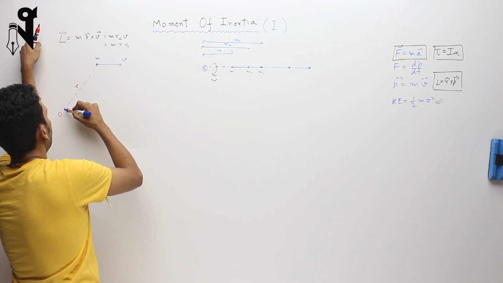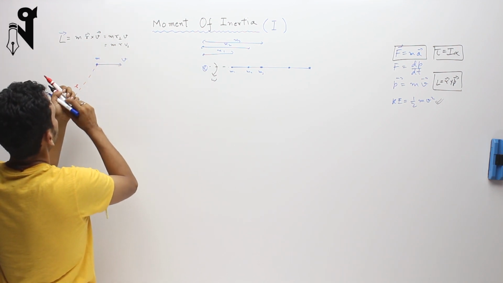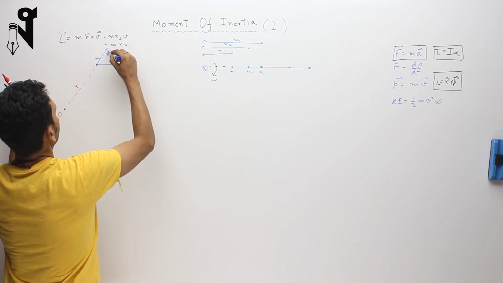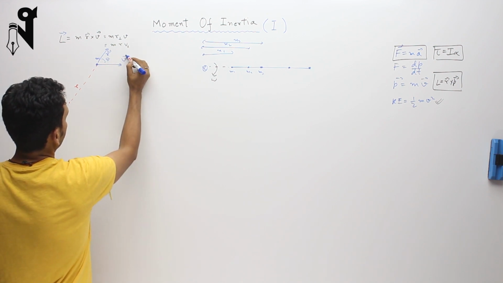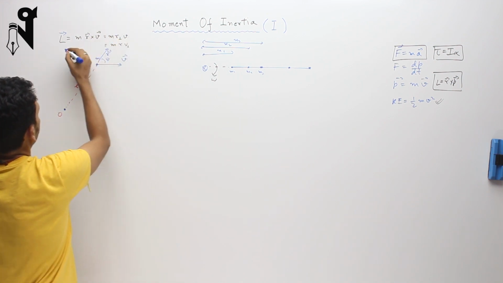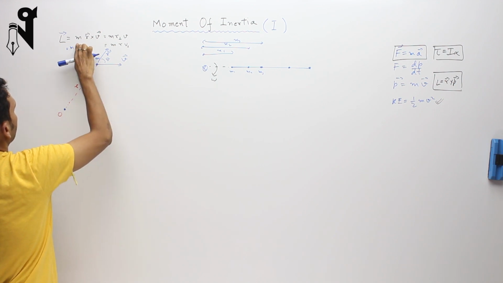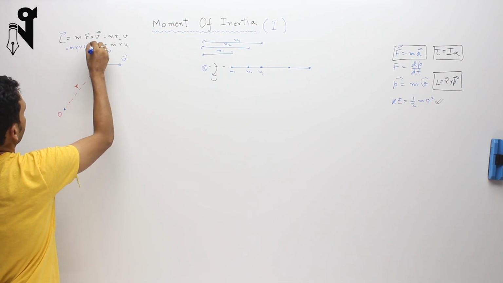R is from O to M, so R vector is this way. I'll just make it in blue pen over there. R vector is that way. So if the angle between R vector and V vector is theta, then what we get from here is m R V sine theta.